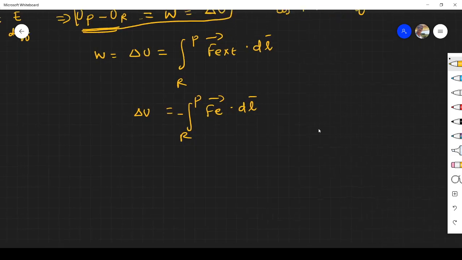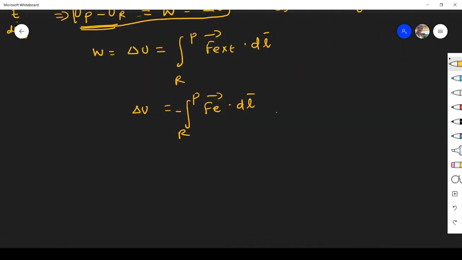Here FE is nothing but Coulomb's force. We know F is equal to Q into E, the electric field. So substituting that, Q is a constant, take it outside: minus Q times the integral from R to P of E dot dl.